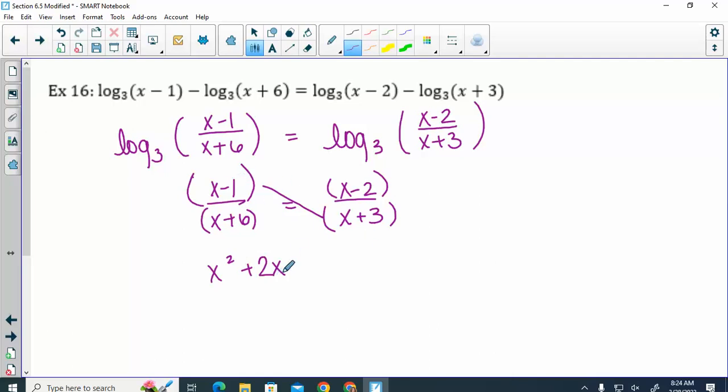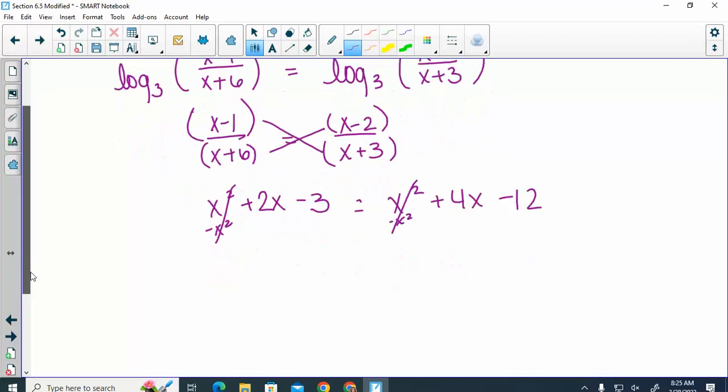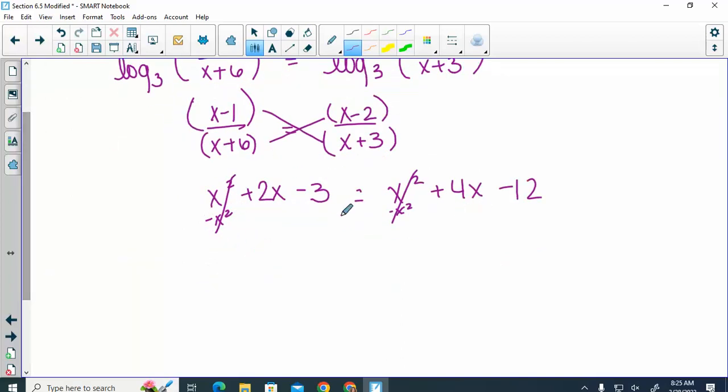So we get x squared plus 2x minus 3 when I FOIL those two. Those two, we get x squared plus 4x minus 12. So if I subtract my x squared over, you can add your 12, and you can get 9.